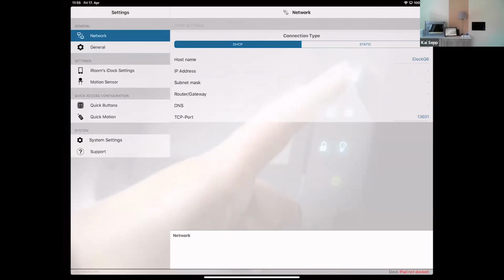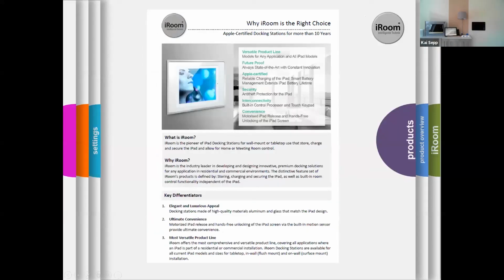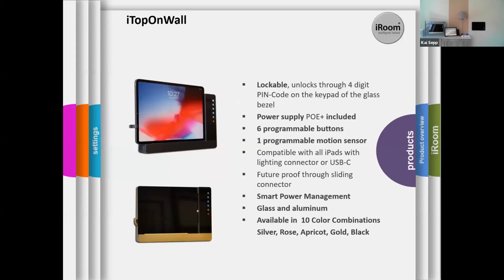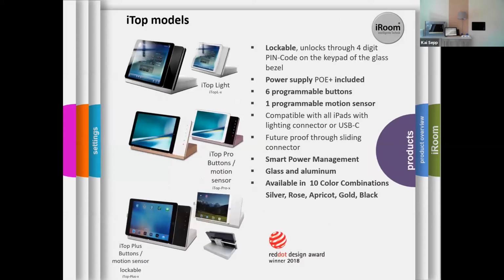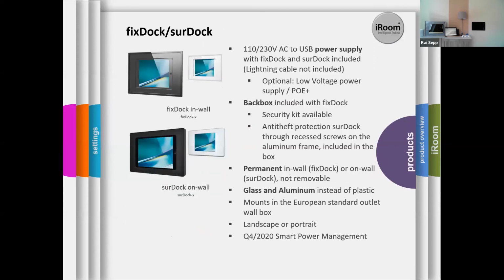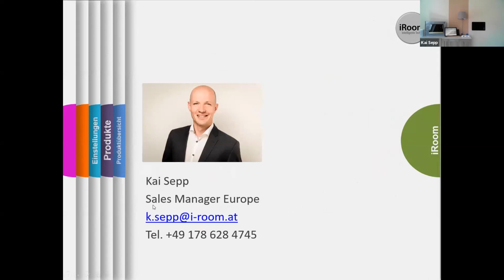Okay, then let me go back to the presentation, and then we can see your contact details. Let me go to the beginning, because I think that is the point where you can see it the best. One second, we're almost there. There it is.